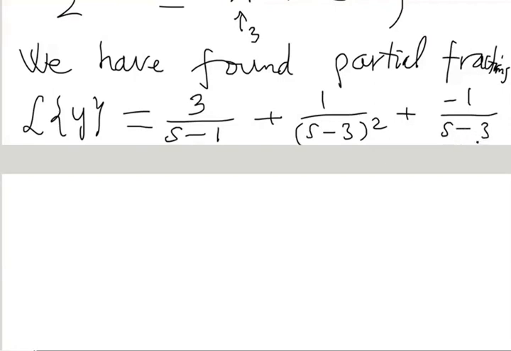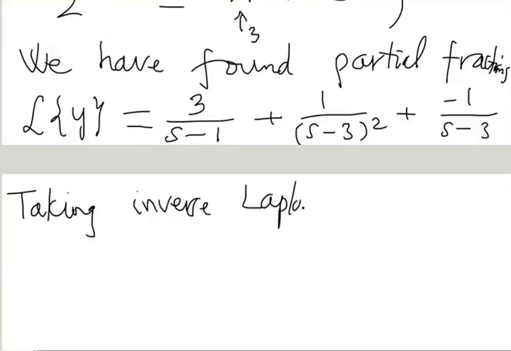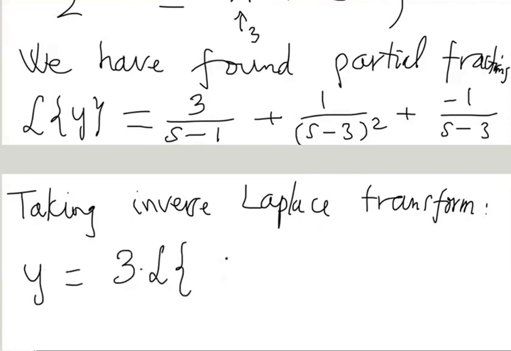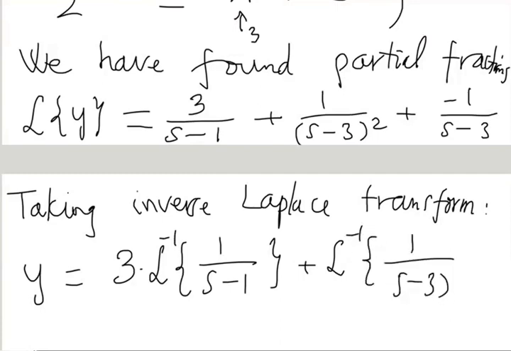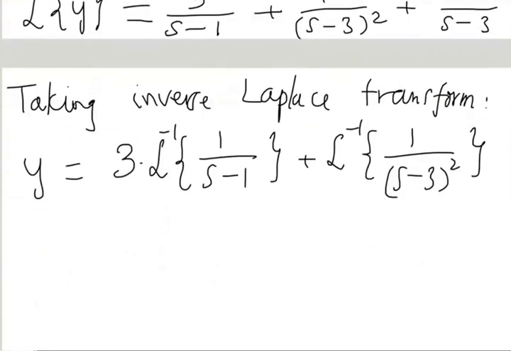over s minus 3. So taking inverse Laplace transform, we have y equals 3 times inverse Laplace transform of 1 over s minus 1, plus inverse Laplace transform of 1 over s minus 3 squared, then minus inverse Laplace transform of 1 over s minus 3.